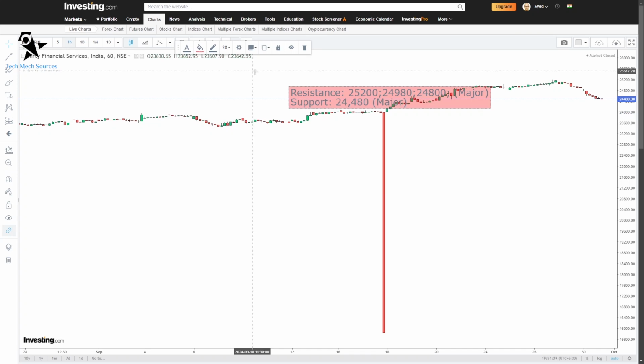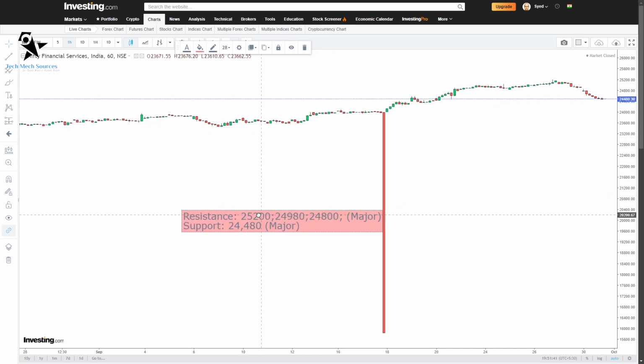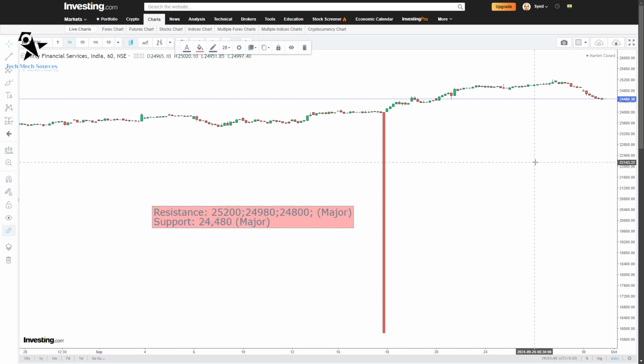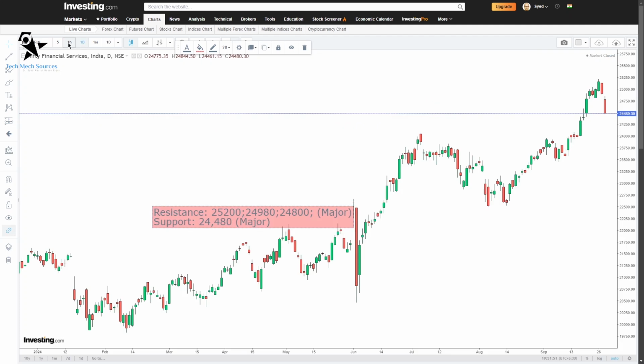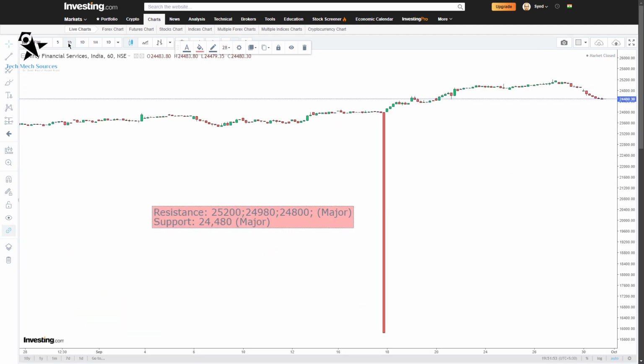About the hourly chart. Let me shift it here. Hourly chart, you can see what the situation is here. Daily is here, hourly is here. The hourly chart tells us about the supports and the resistances, wherein, of course, the top support is the same.